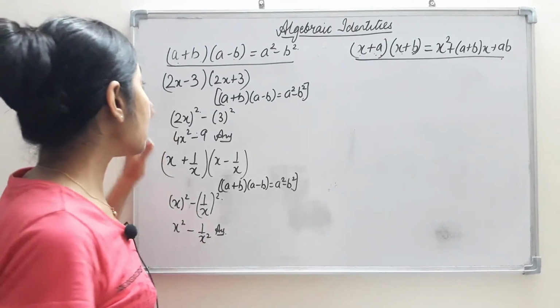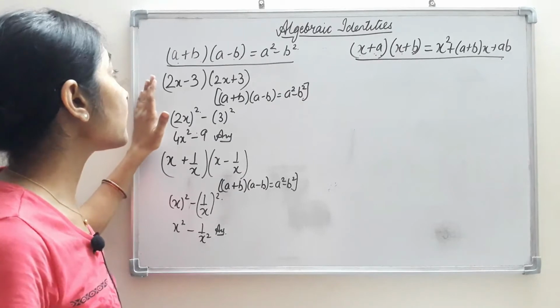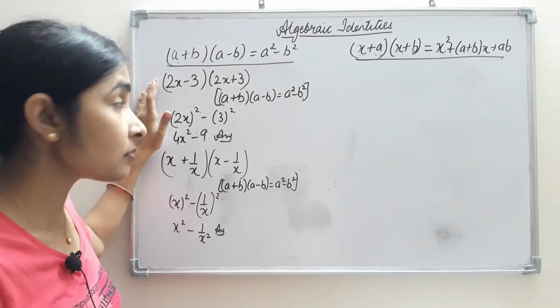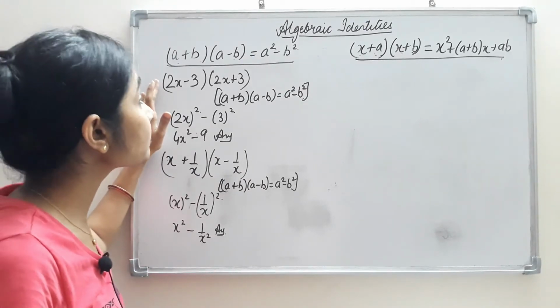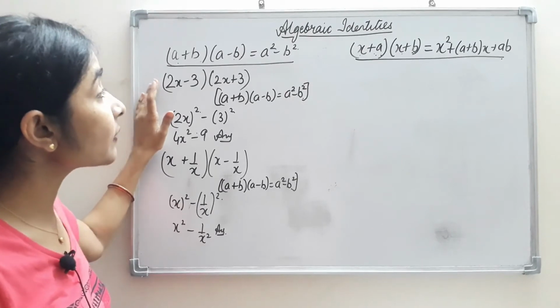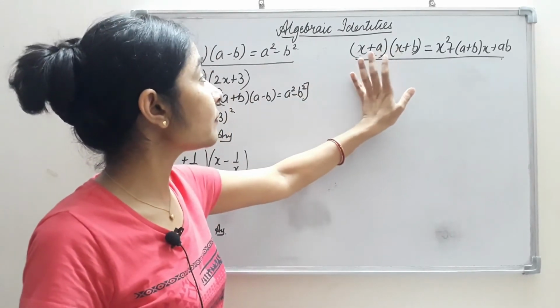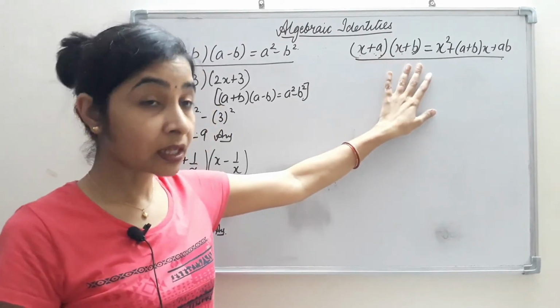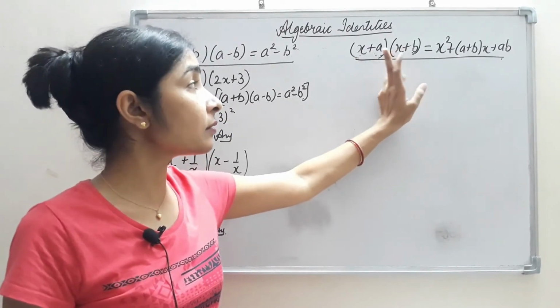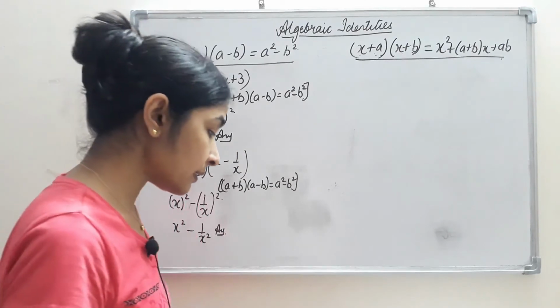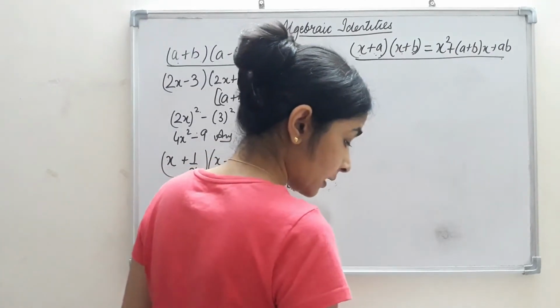So this is the identity that we have used here, (a plus b)(a minus b) gives us a square minus b square. Now the last one is where we have one term same but the others are different. Everywhere we had both the terms same, but here the second term is different. Now let us take an example related to this also.